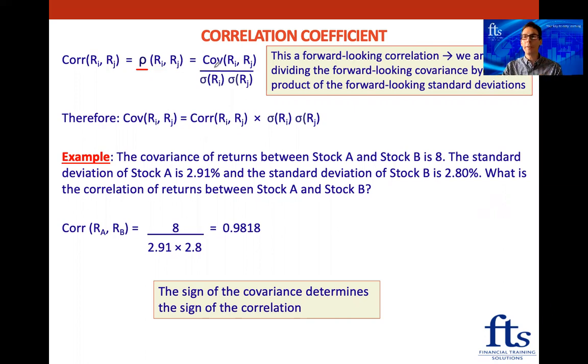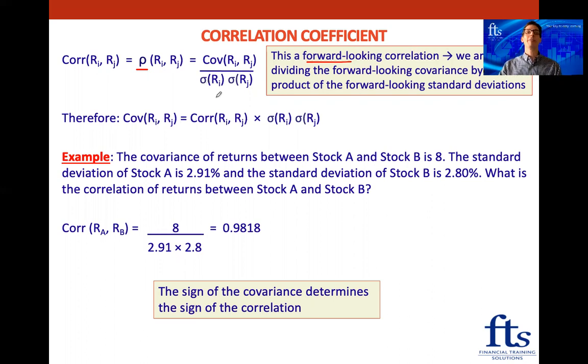We take the covariance of the returns between asset I and asset J, and we divide that by the product of the standard deviations of the returns of asset I and asset J. Now, this is a forward-looking correlation because we're dividing the forward-looking covariance by the product of the forward-looking standard deviations.